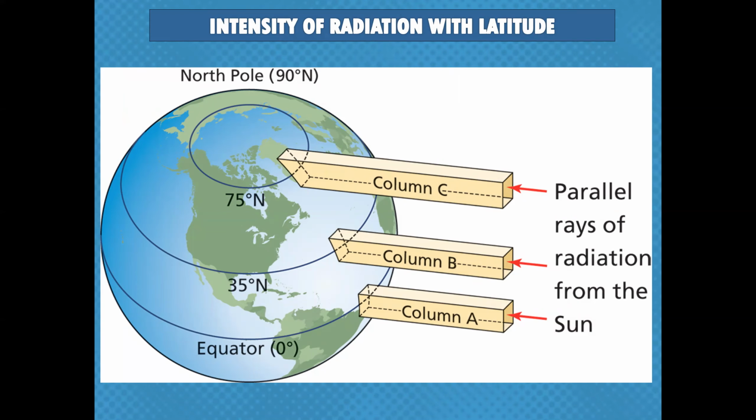It becomes thinner and thinner, so it has less effect. As a result, it doesn't heat up as much. Whereas if you're at the equator and the sun is directly above you, you feel that energy rather intensely. It is really, really intense, where you have to wear long sleeves and hats because you can easily be sunburned.